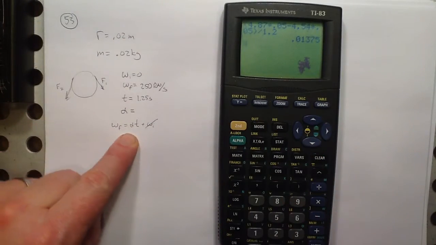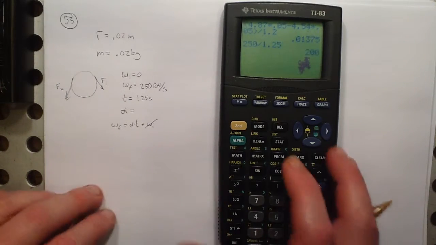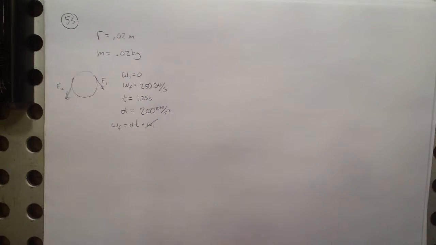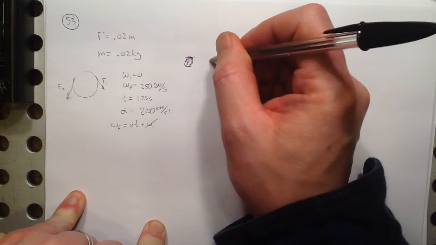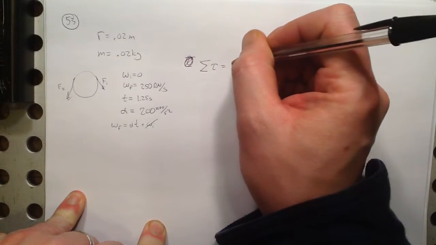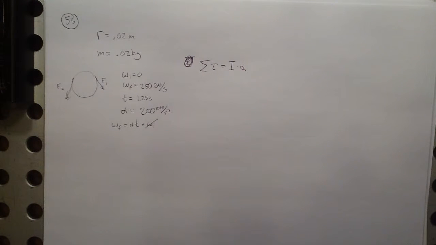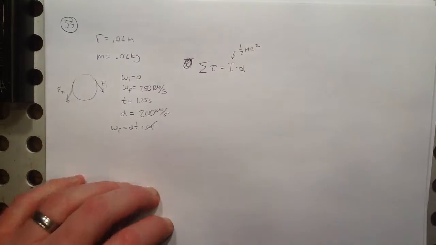So that means our angular acceleration is just that divided by that, 250 divided by 1.25, or 200 radians per second squared. And they want to know, they gave us one of the forces, they want to know the other one. So I know that net torque is equal to I alpha. Right? And they told us that this is a uniform disk, so that's 1/2 mr squared. Right? That's our moment of inertia.